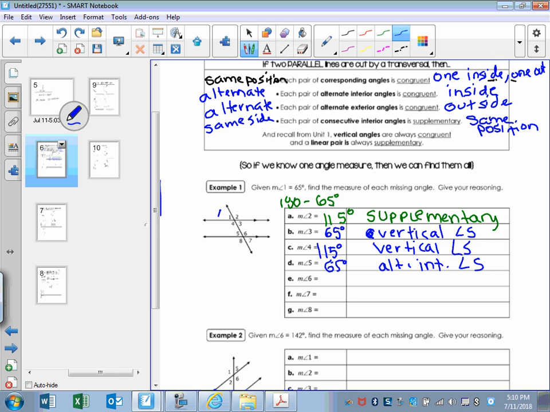I say angle 1 is acute, angle 2 is obtuse, and I call it the AOA. I label all my acute angles, angles that are smaller than 90 degrees, and then I label all my obtuse angles. That way, it doesn't take me long to figure out the measure of all these angles. I'm going to redraw.